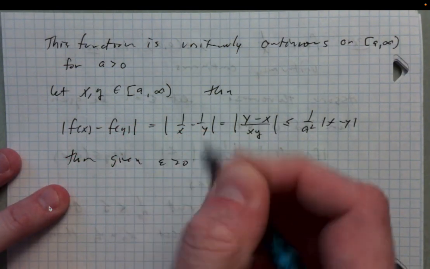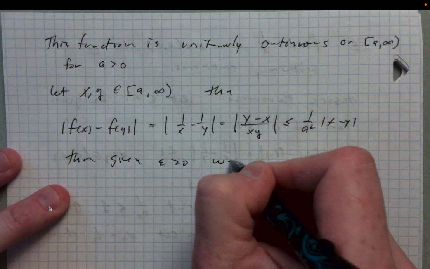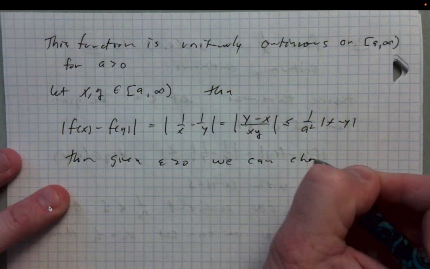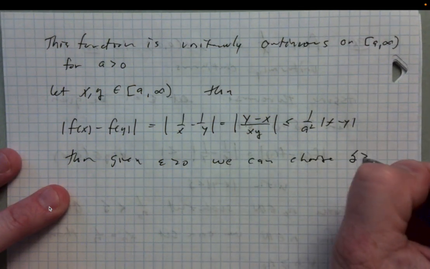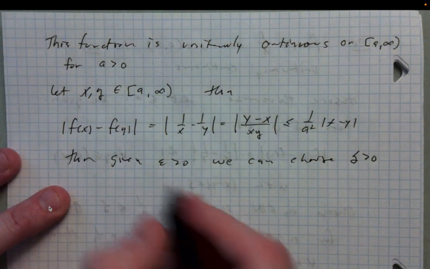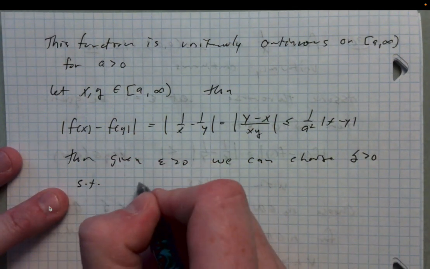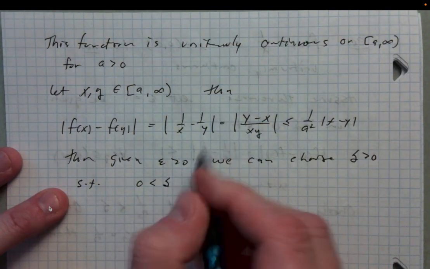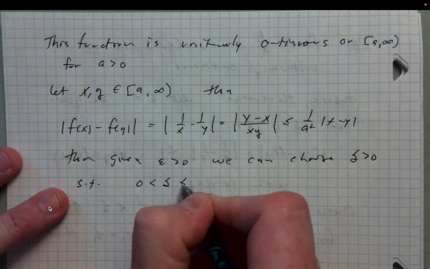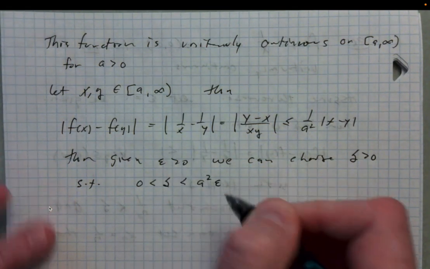Then, given epsilon greater than 0, we can choose delta greater than 0, and there's a range that we could choose, such that delta is less than a squared over epsilon.